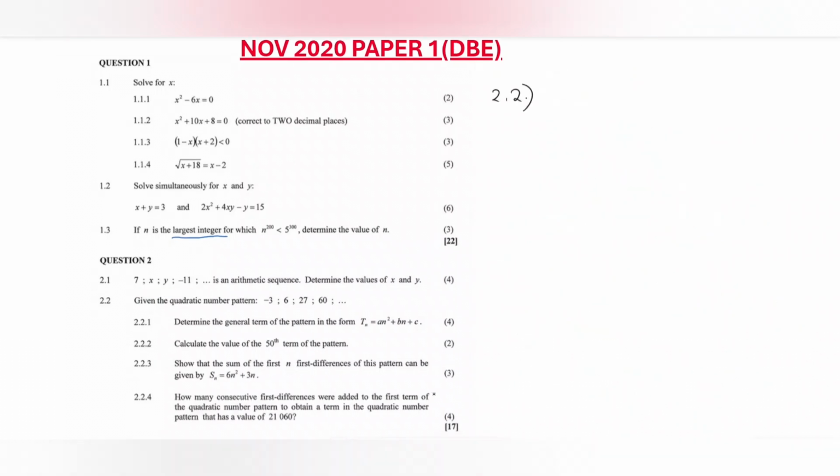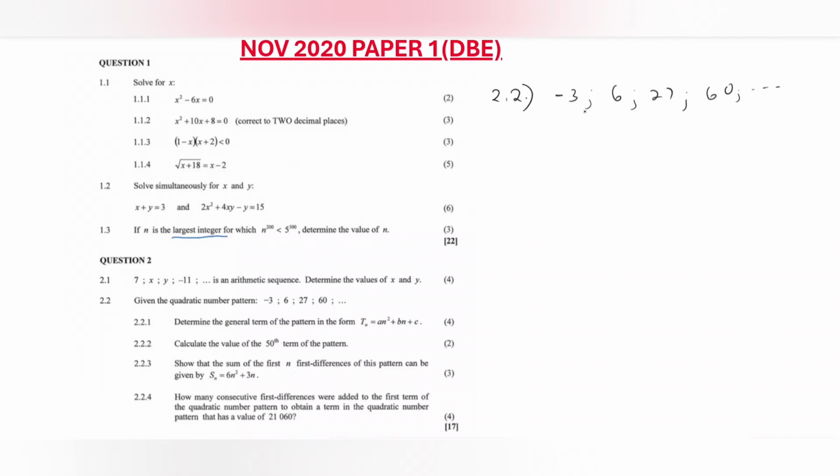2.2. Given the quadratic number pattern minus 3, 6, 27 and 60, determine the general term of the pattern Tn in the form Tn is equal to an squared plus bn plus c. So our pattern, the first term is minus 3, 6, 27, 60.